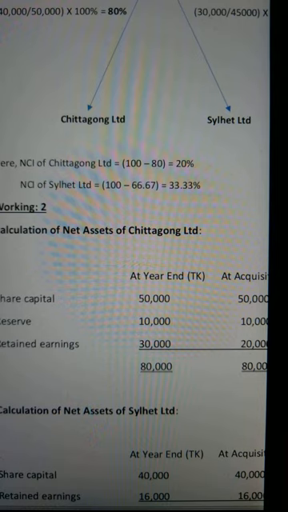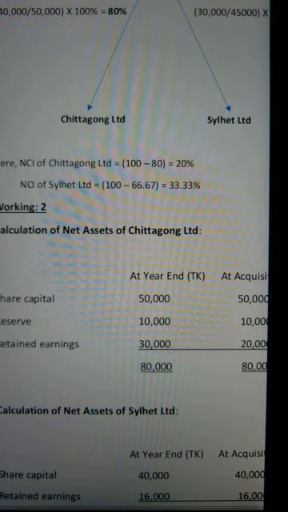We just deduct it from 100 and we get 33.33%. So we have both non-controlling interests from this group structure: for Chittagong Limited we got 20%, and for Silat Limited we got 33.33%.